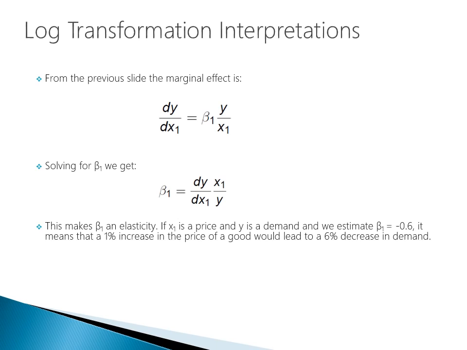This implies that beta 1 is an elasticity. So if x1 is a price and y is the demand for a good, and we estimate beta 1 to be equal to minus 0.6, this means that a 1% increase in the price of a good would lead to a 0.6% decrease in demand.